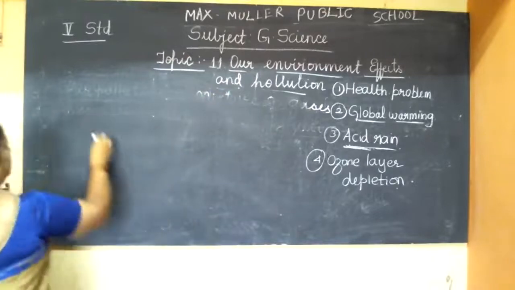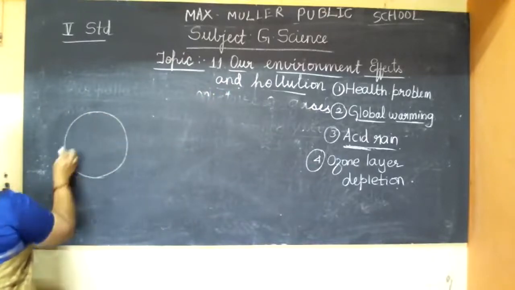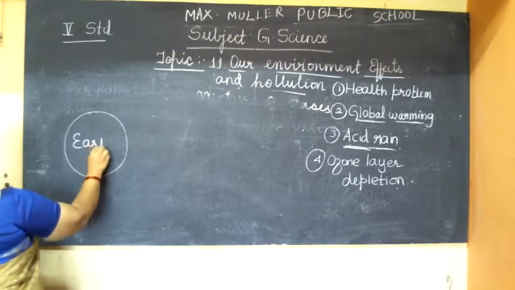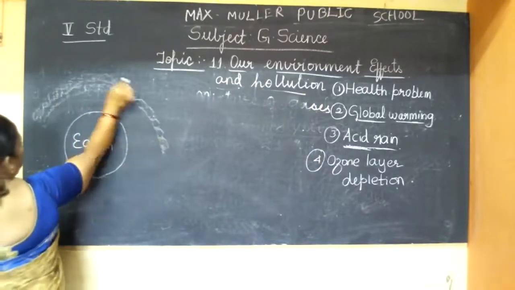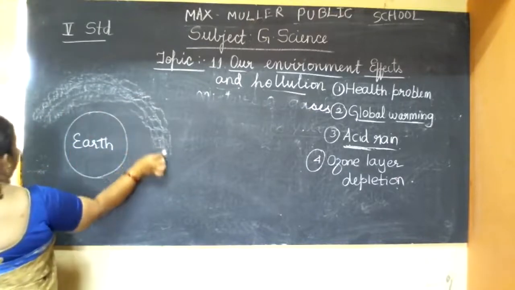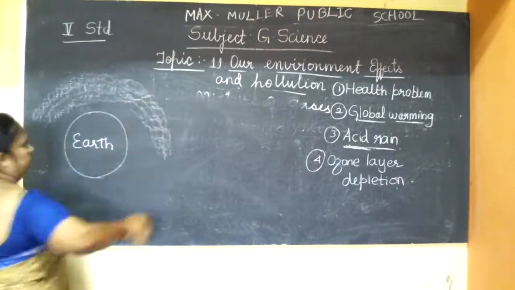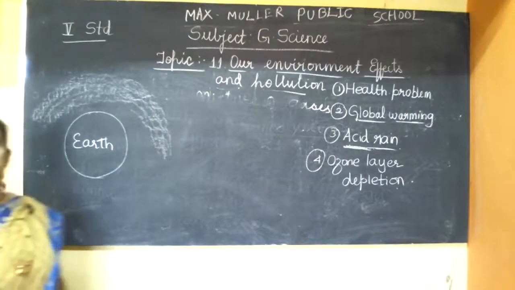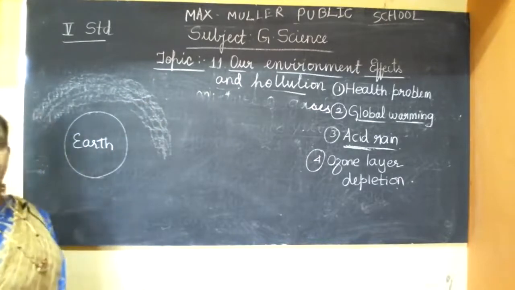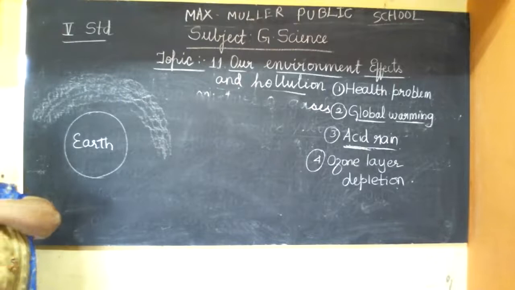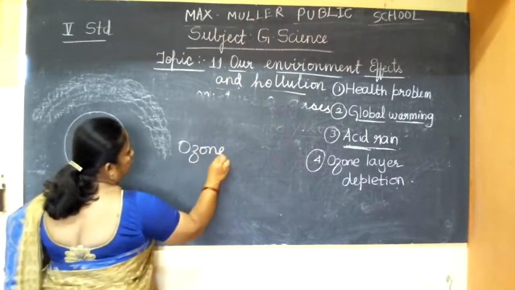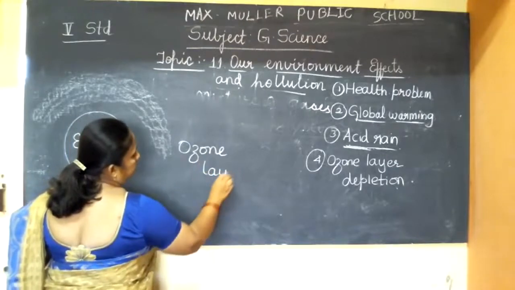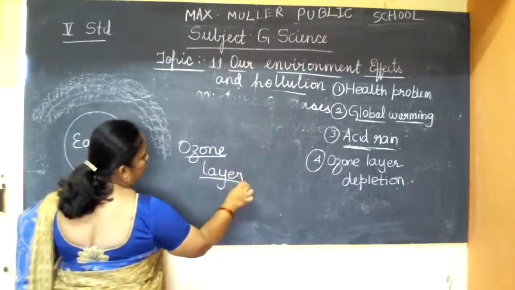Suppose this is the earth. Around the earth, there are different layers, the atmosphere, different layers of the earth, lithosphere, exosphere, like that. So in that, you have the ozone layer.